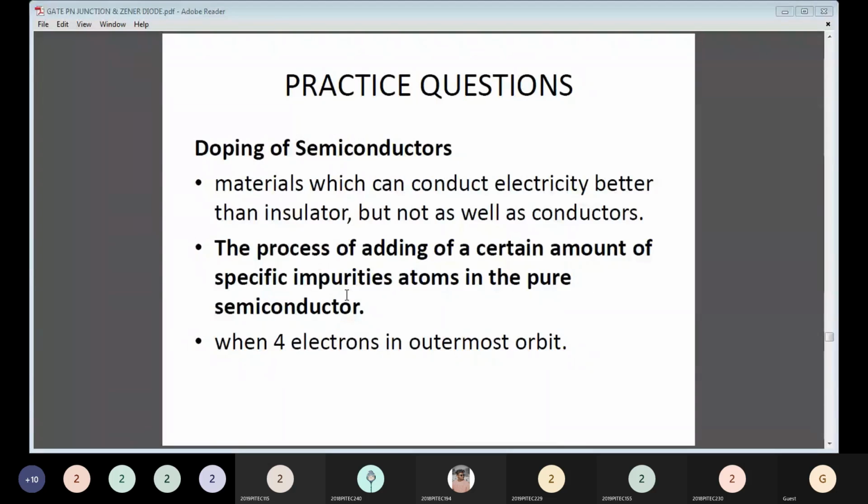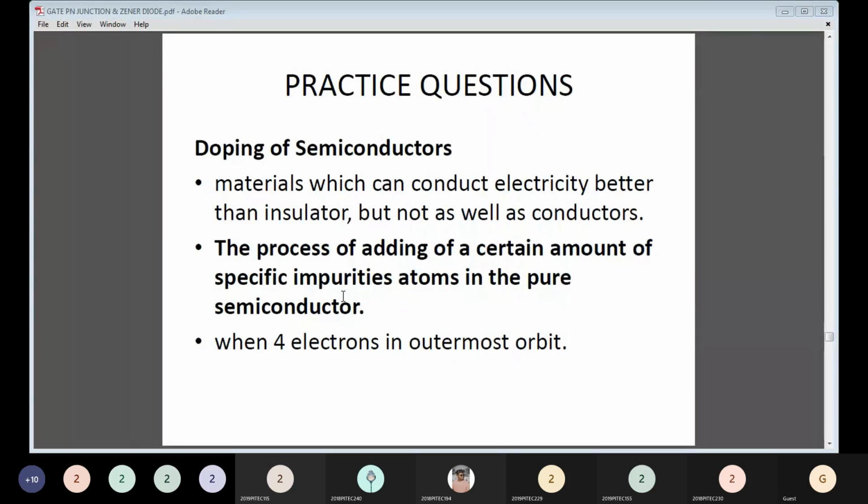Next is doping of semiconductors. What is doping? Doping is the process of adding impurities to improve the concentration of the charge carriers in both the p-type and n-type material. The options given here are: materials which can conduct electricity better than insulators, but not as well as conductors.